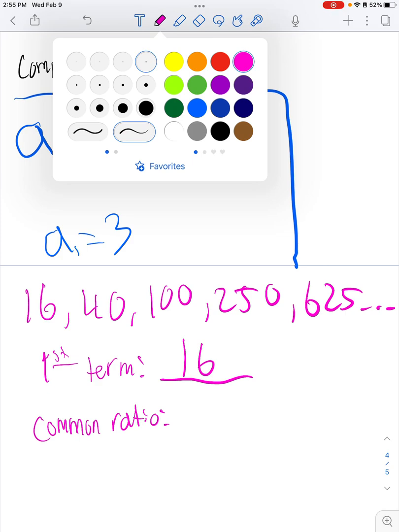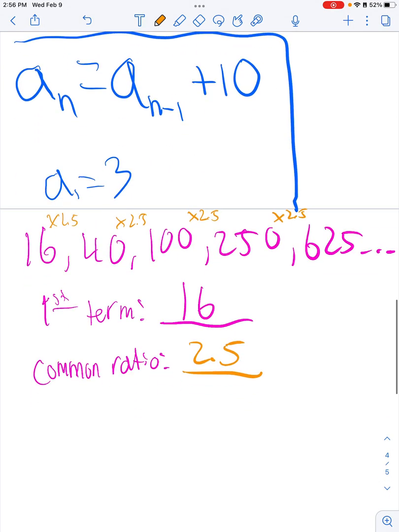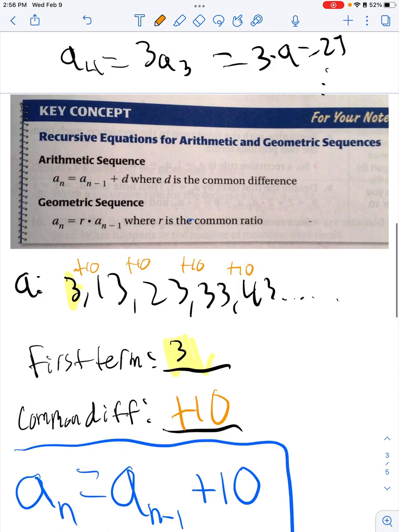How do we get from 16 to 40, 40 to 100, 100 to 250? That one's kind of nice. That's multiplied by 2.5. I bet if I multiply 40 times 2.5, I get 100. 16 times 2.5, I get 40. So my common ratio is 2.5.